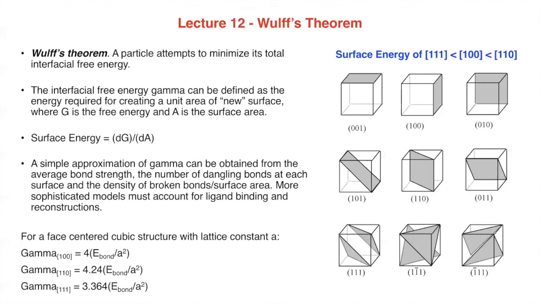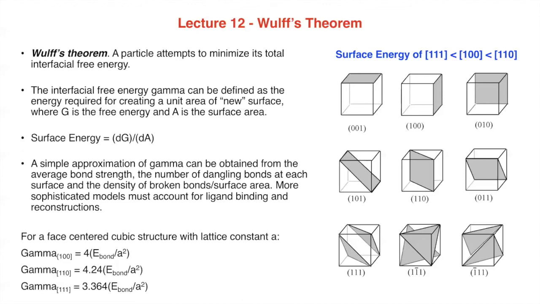And so you can calculate what the proportion of the area would be. You're going to have 80% more 100 than you are 111 for a metal particle in the gas phase, just by counting the number of dangling bonds, and that works pretty well.